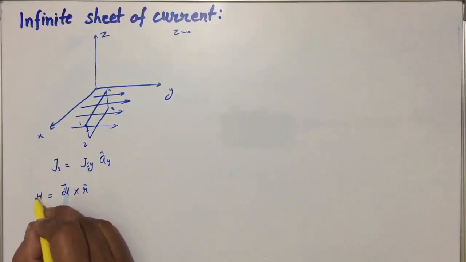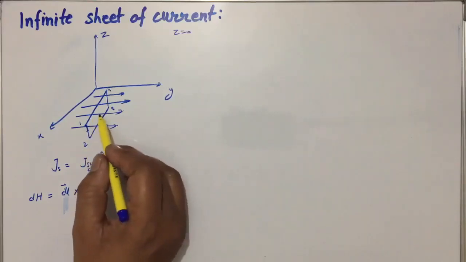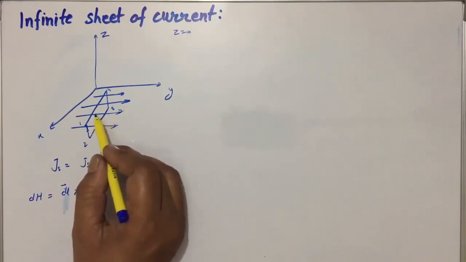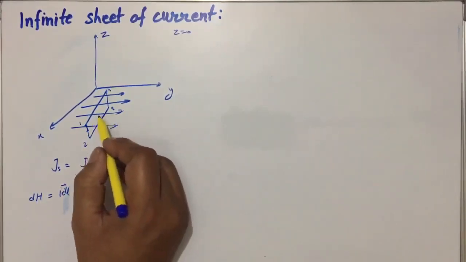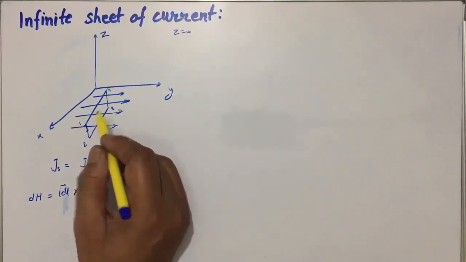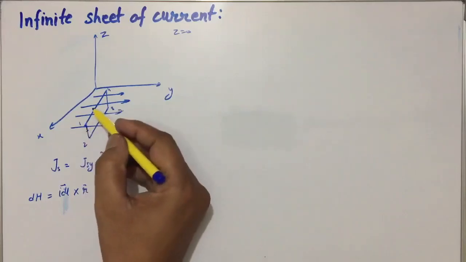Consider one current element I dl, and r is, for example, at the top, then dl cross r should be towards x.